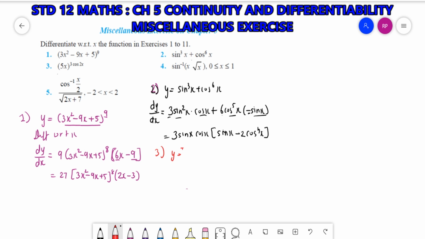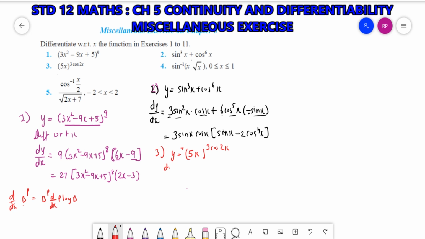y equal to (5x) whole raised to 3 cos 2x. Here we will use the shortcut: d by dx of base to the power, where base and power both are functions of x. This will be b raised to p into d by dx of p log b.